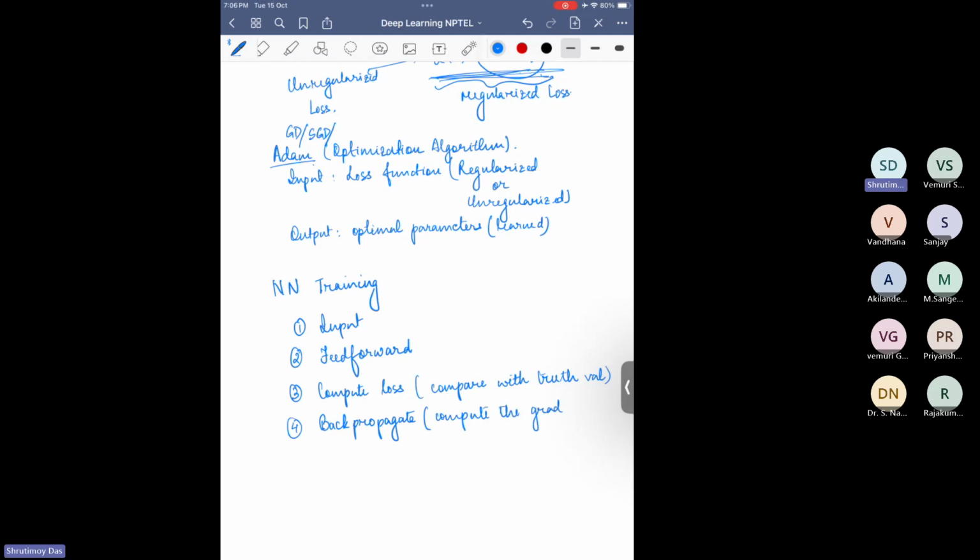Once you have the gradients, you apply the optimization algorithm, and then you repeat again. Here you have the multiplication with weights, and then the activation function and so on.